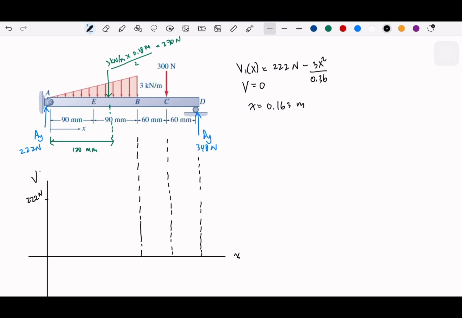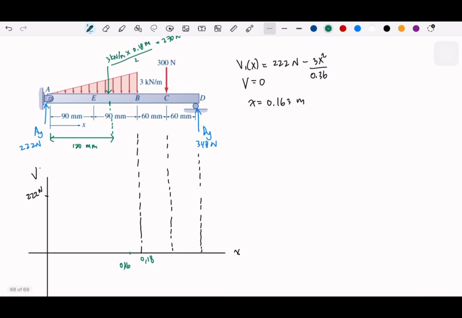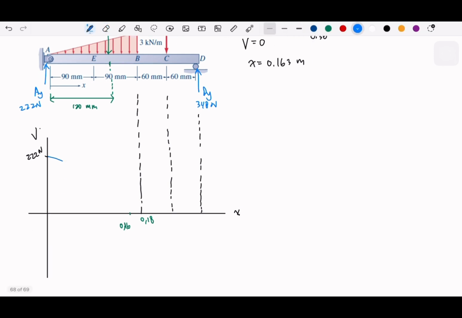So V will be 0 at this 0.16. So if this is 0.18, 0.16 is maybe around here. Since we have the quadratic equations, we are going to have a quadratic starting from 222 going down. Maybe I will draw correctly. So suppose that like that, and then stable.